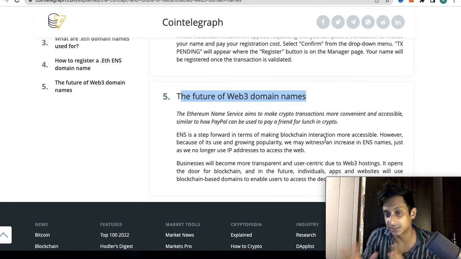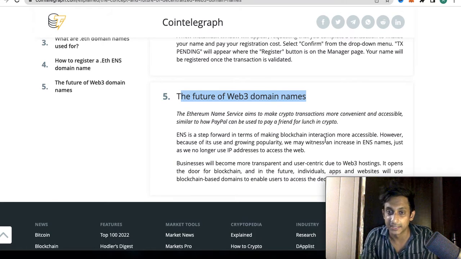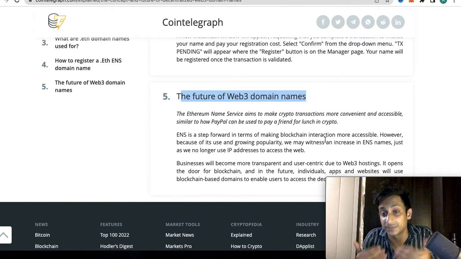A similar transition is going to happen within crypto and the blockchain, where you are actually using memorable names to transfer money and do transactions, rather than utilizing those big wallet numbers. Once we are talking about mass adoption, I believe it cannot happen without something like this.